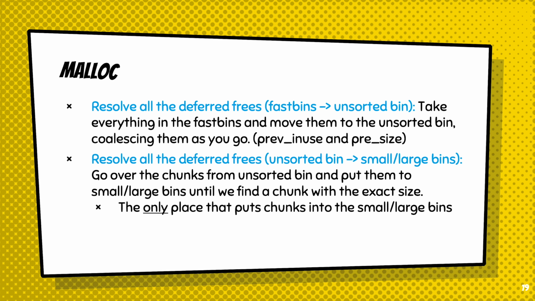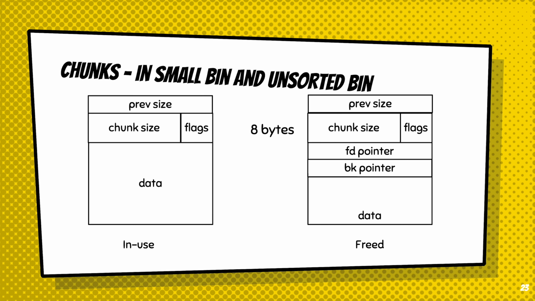This is the way you know whether or not the previous chunk is something you can combine together. That's why in unsorted bin and also in small bin, it stores this information of prev size. And when you have a forward pointer, you want it to point at the start because you want to get the information at the start of the chunk. You do care about that information for future combination. So that's why you have this.